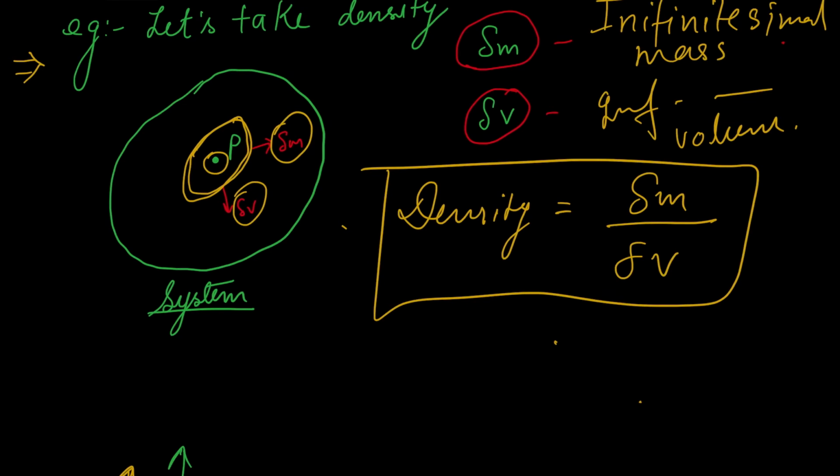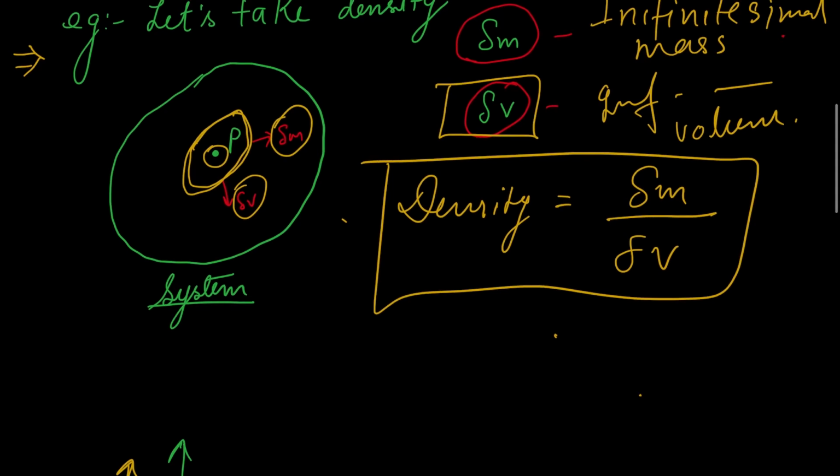The reason is I don't know if this delta M and delta V, especially delta V, is large enough so that I can apply the concept of continuum on it or not. To understand it, let's see if we have a space and I want to assign any thermodynamic property to it, that space should be in thermodynamic equilibrium with the surrounding.